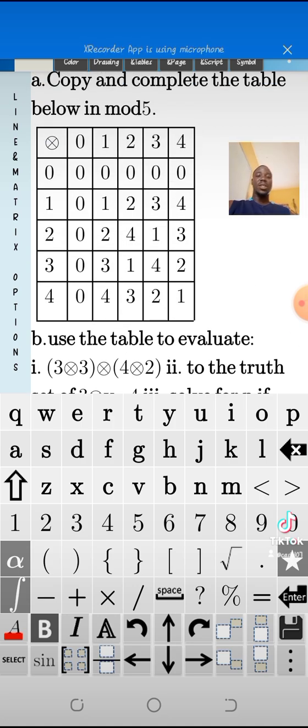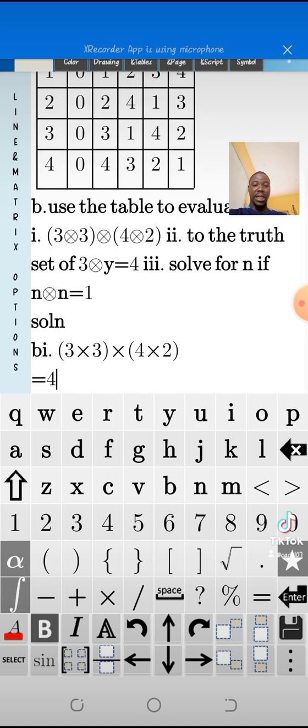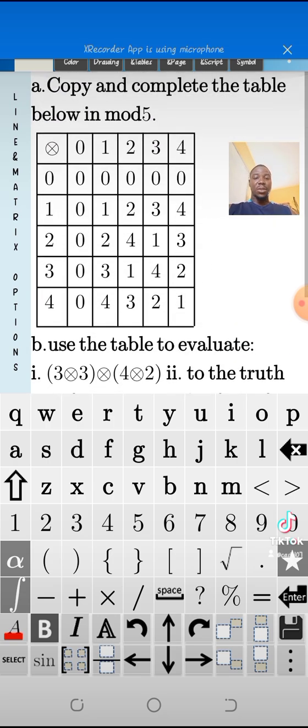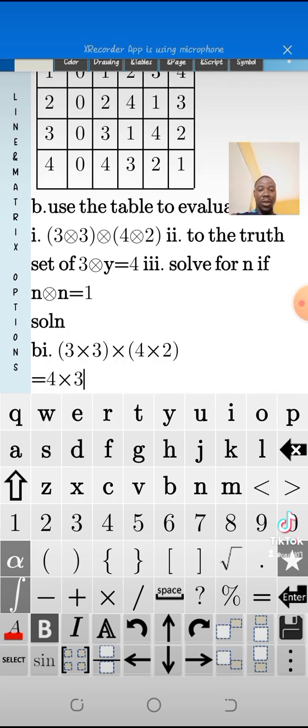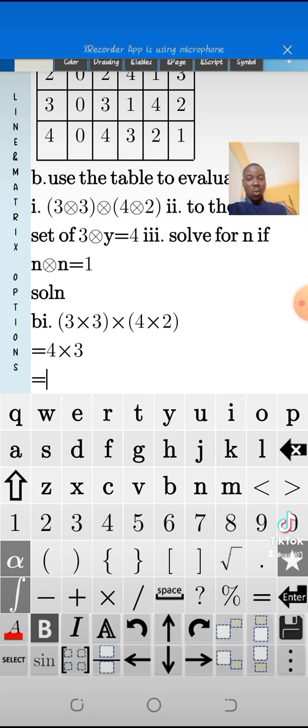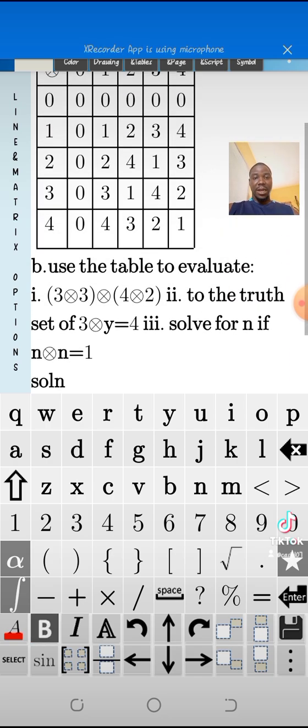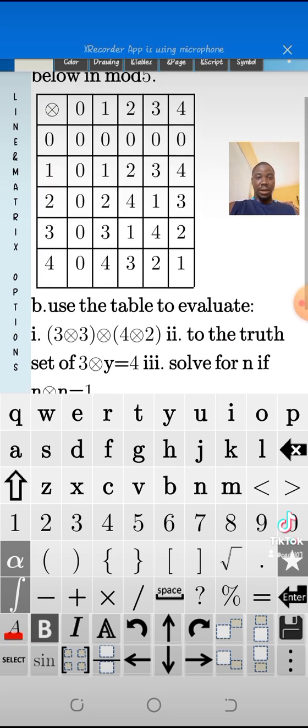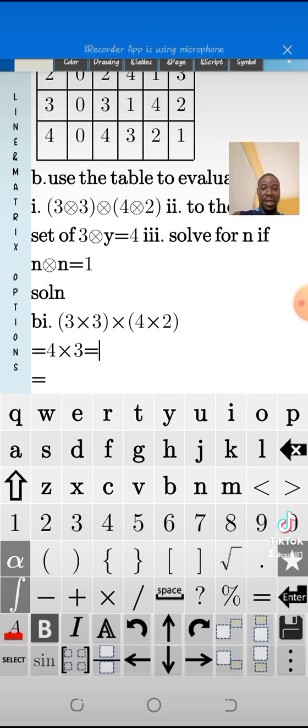If you trace it from the table, you see that 3 times 3 is just 4. So you have 4 times 4 times 2 now. If you look at it very well from the table, that's 3. So this is just equal to 4 times 3, which from the table is 2. So the answer is just 2 now, in mod 5, don't forget.